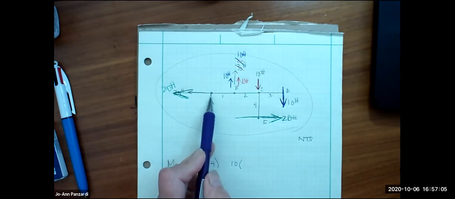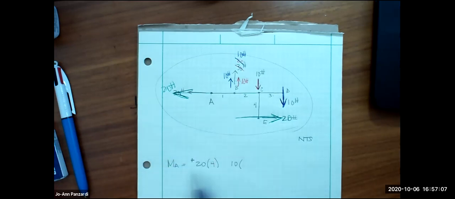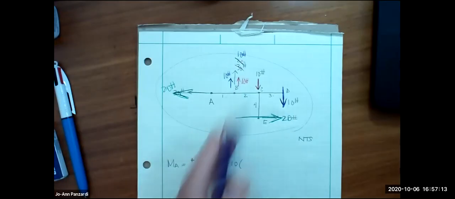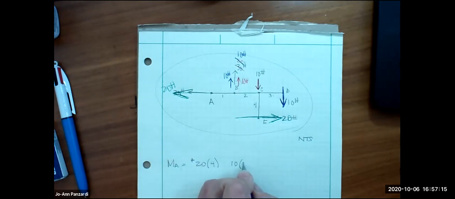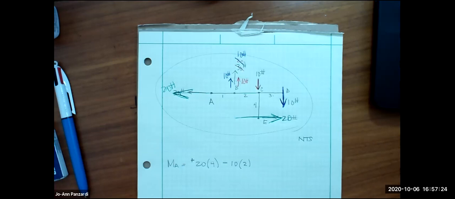I know you're trained to look at the point, but remember, we're doing moments due to couples right now. Oh, so it would be 2. It's at any point. Okay, so the red is 10. What's the perpendicular distance between the couple? 2. Positive or negative? Negative.